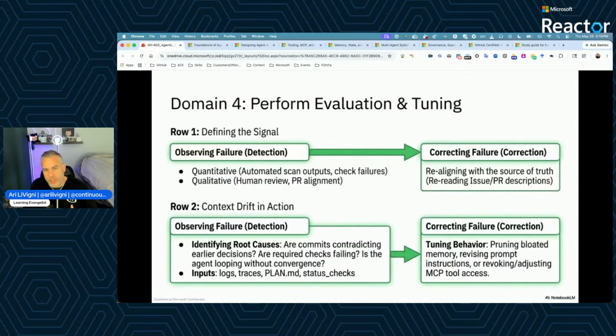I have my agent, when I'm on the Copilot CLI, constantly do those checkpoints where it understands I've got to update the plan because we're changing direction, or maybe we have more information that we want to put in the plan and evaluate that. So that's really what this domain 4 is about, is performing that evaluation and then tuning it to make the course corrections, and then coming back around to the plan and adding it to the plan, not implementing it.